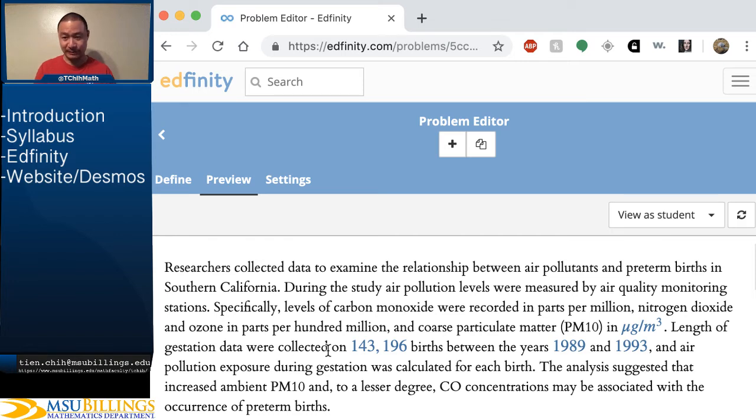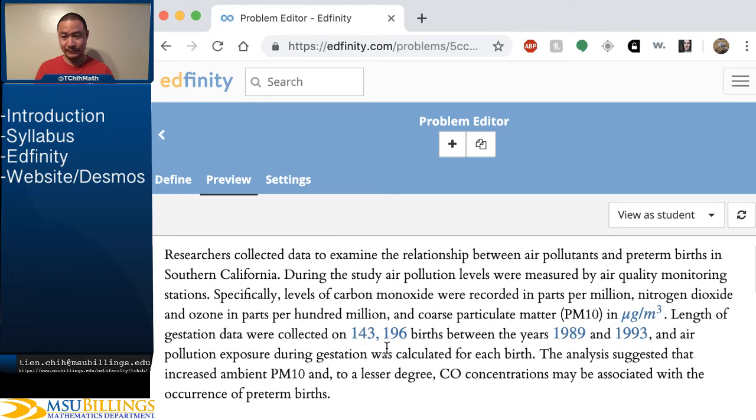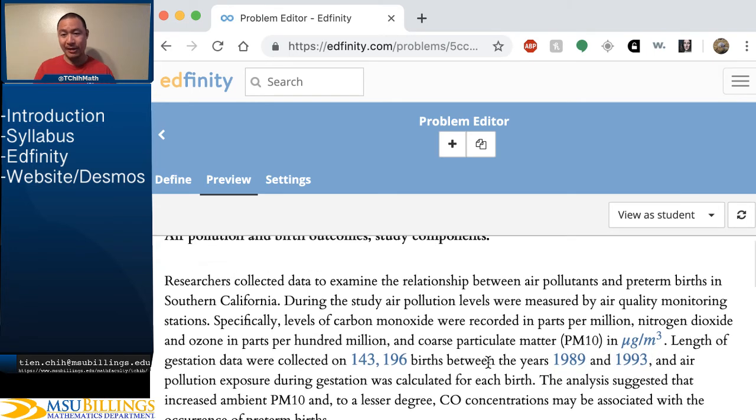Length of gestation was measured. And the year was measured. Those are the only things that were actually measured that are discussed here in this problem, right? So those are the things that you could say were actual variables.